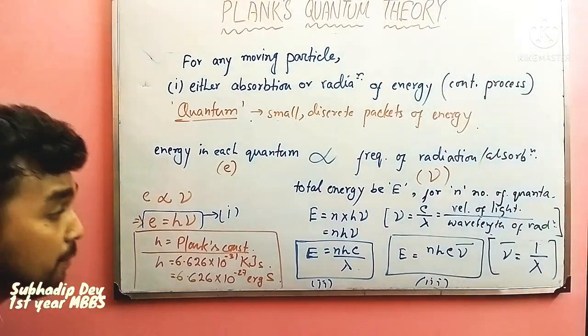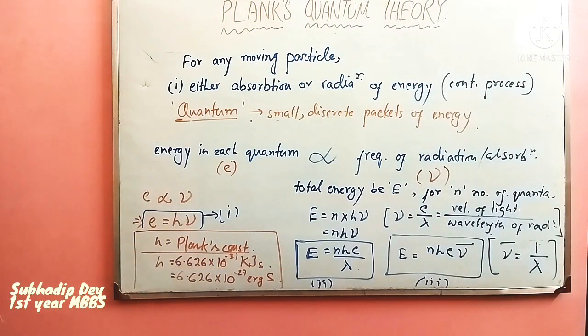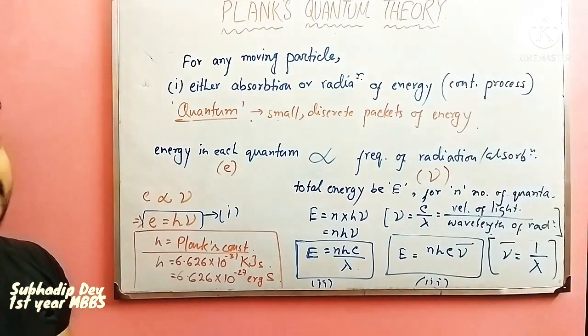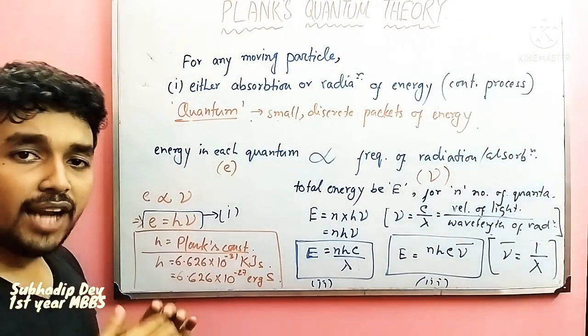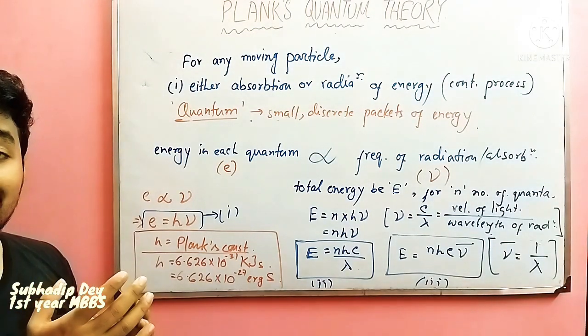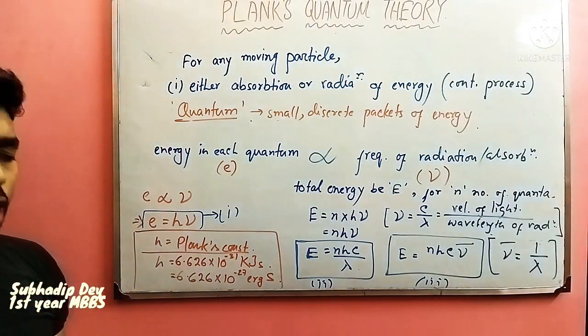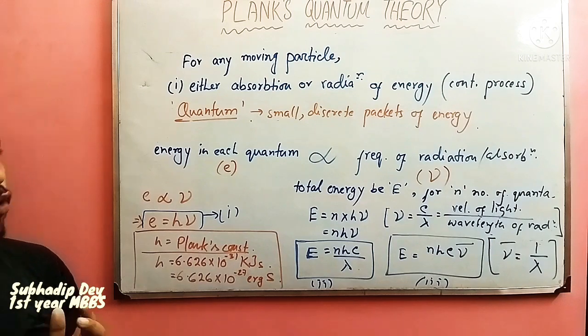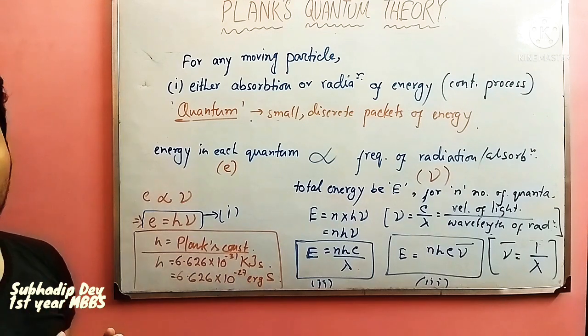So please remember all these three relations for Planck's quantum theory. Hope you have understood this well. Now we will move to Bohr's concept, Bohr's model. We will also correlate Planck's quantum theory along with Bohr's concept.